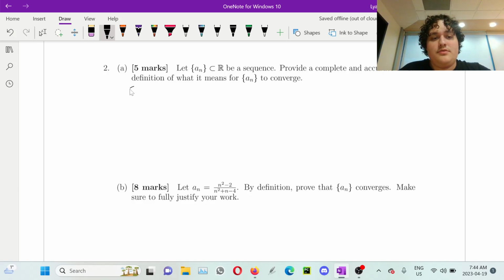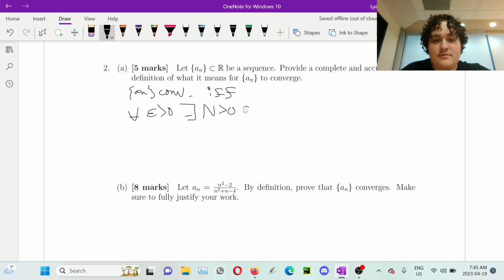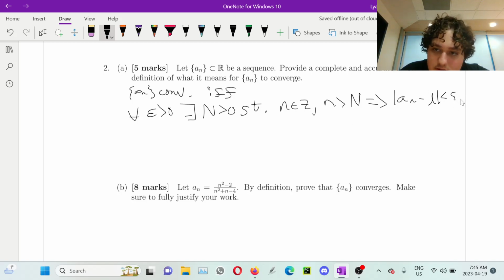Okay, so a_n converges if and only if for all epsilon greater than 0 there exists N greater than 0, N in Z, such that n greater than N implies that |a_n minus L| is less than epsilon for some L in R.